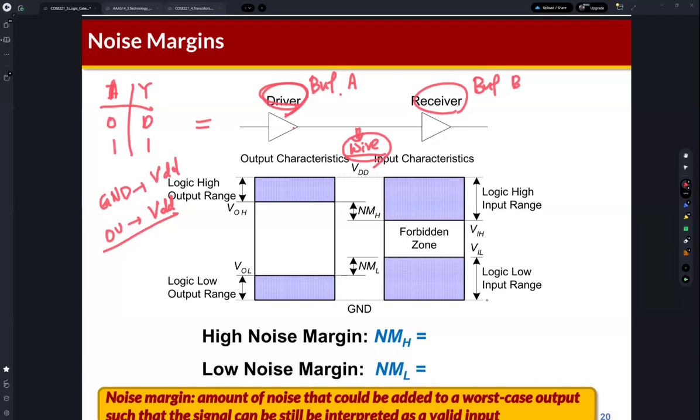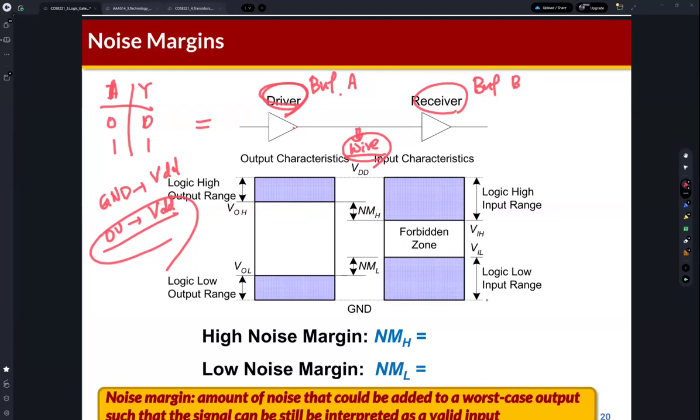But because of noise, the original signals can also be distorted. So we need to decide which range of signals can be generated from this buffer A.